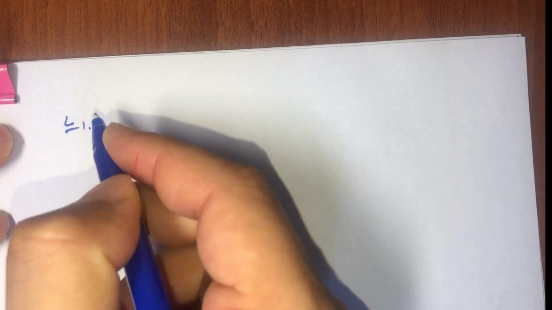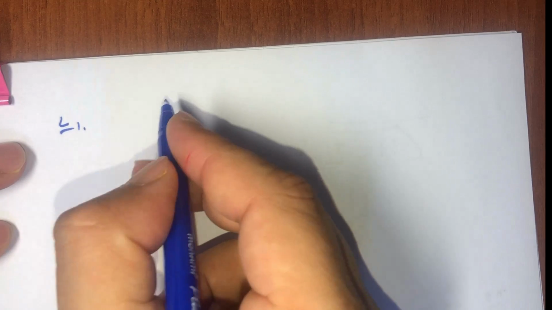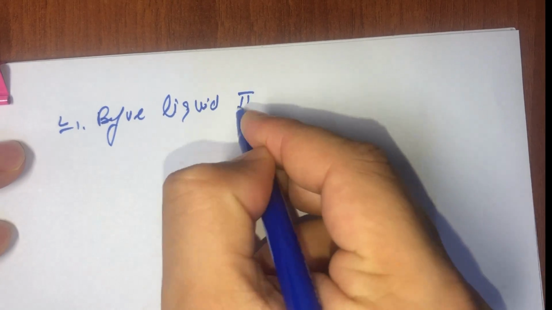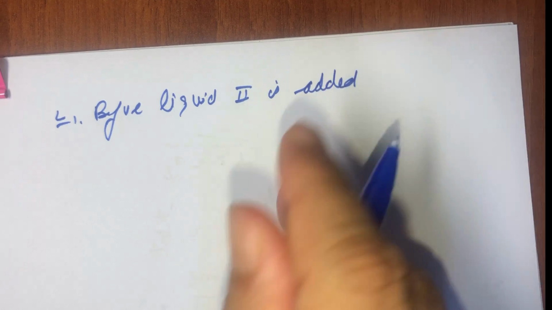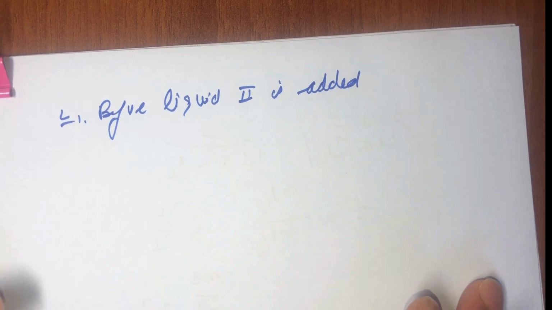So which means basically that before liquid 2 is added, liquid 1 is present on both sides. It's at the same level on both sides.